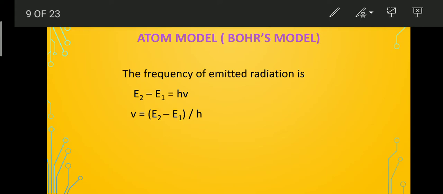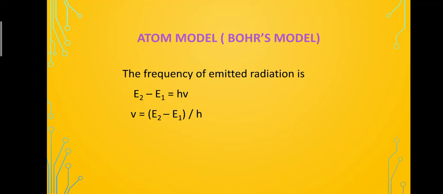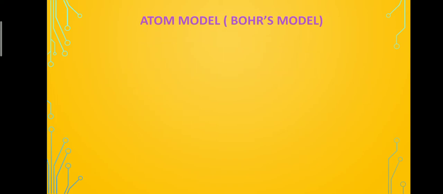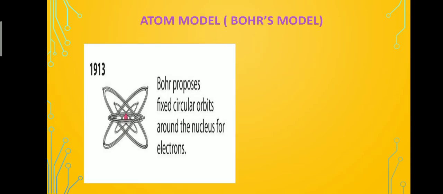And this is applicable only to atoms which have only one electron. So Bohr's model is applicable to atoms which have a single electron, and this was one of the demerits of Bohr's model.